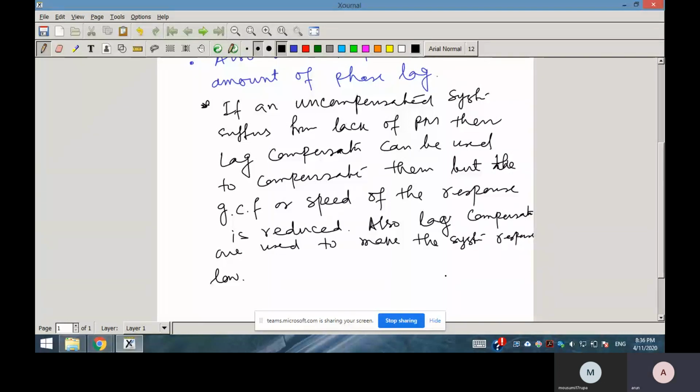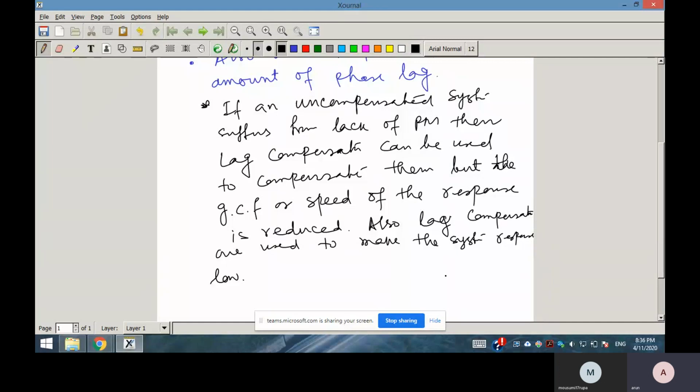But the main thing is that if your system does not satisfy, suppose, your phase margin specification, then you can compensate to achieve the phase margin. But at that time, what you have to do? You have to reduce the speed of the system. That means you have to reduce the gain cross frequency.